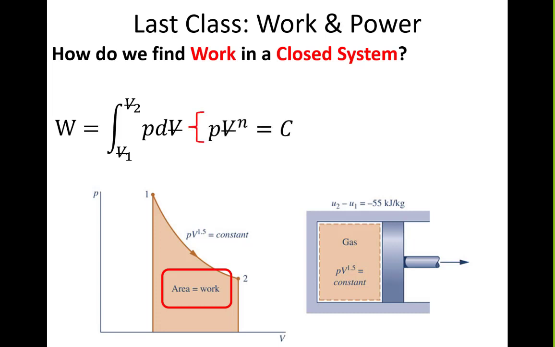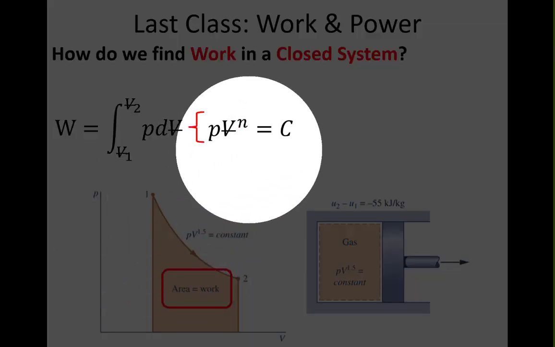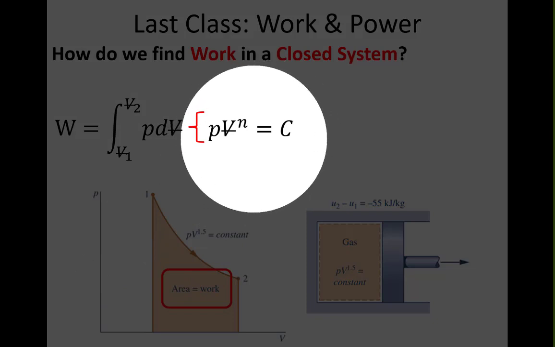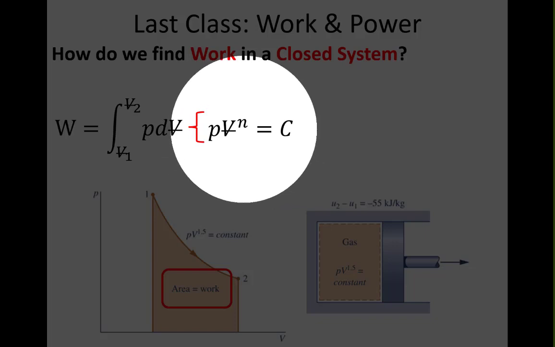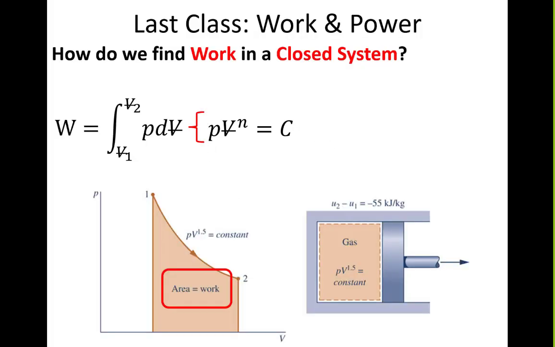And most of the time, we'll deal with what we call polytropic processes. A polytropic process is a process that follows a rule that looks like this: pressure times volume to some exponent n is equal to a constant.